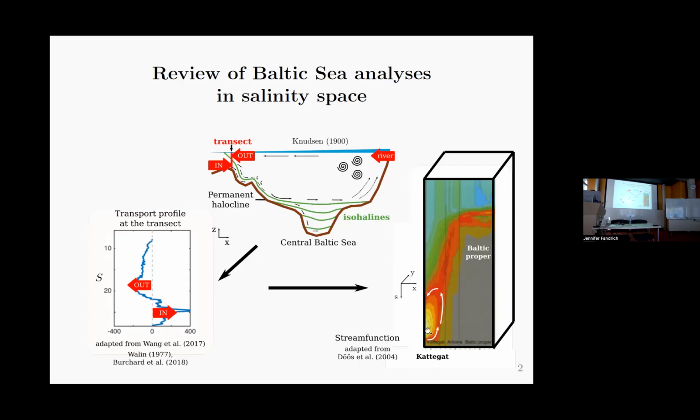The arrow should be pointing to the right here. But we do have also the diahaline component, so flow across the isohaline, which is why we also have a component in the S direction.